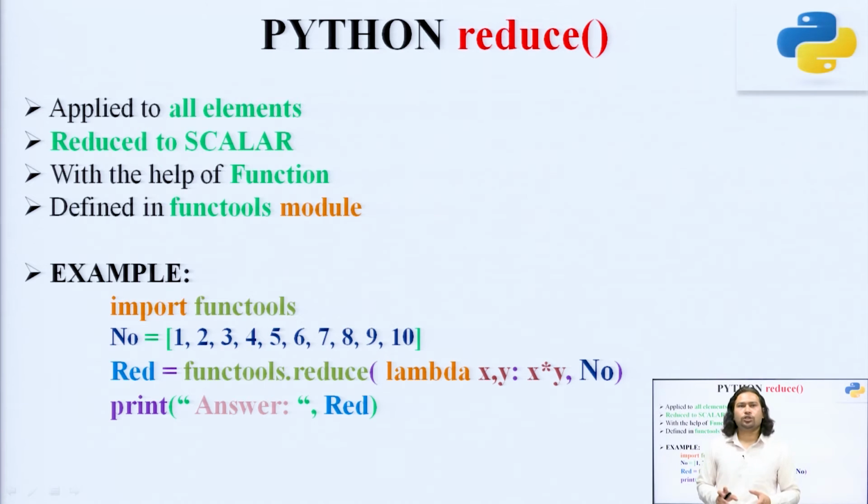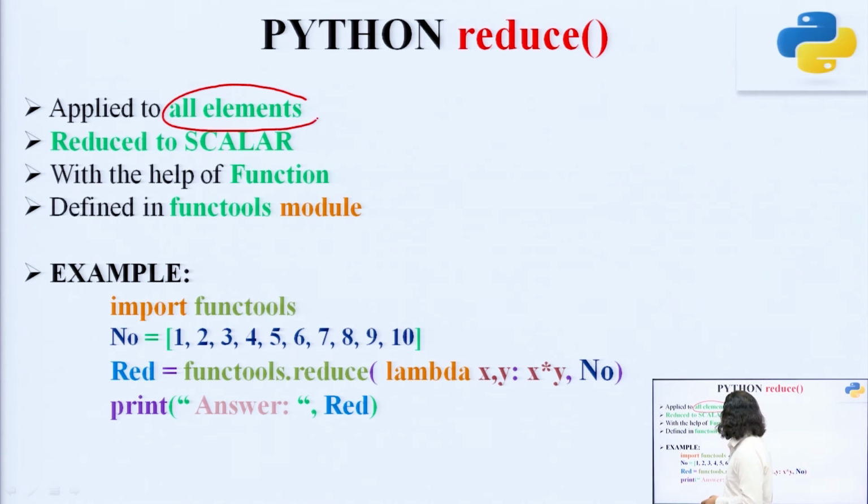The third function is referred to as the reduce function. In this reduce function you can see that it is converting your single dimension data, which is referred to as a vector, to a scalar. That means it is going to apply to all elements, but the answer is in the reduced form, that is scalar form.